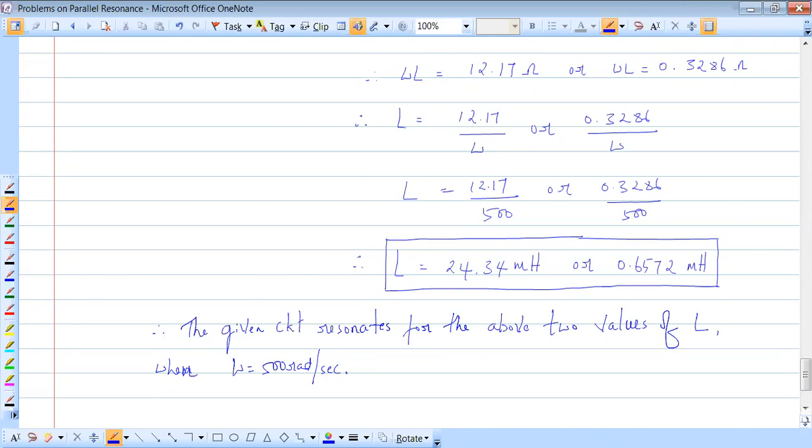So if you have L as 24.34 millihenry, it resonates. When you have it equal to 0.6572 millihenry also, the circuit resonates. So there are two values of L at which the circuit would resonate when omega is 500 radians per second. Okay with that, everybody? Now let's move on to another problem.